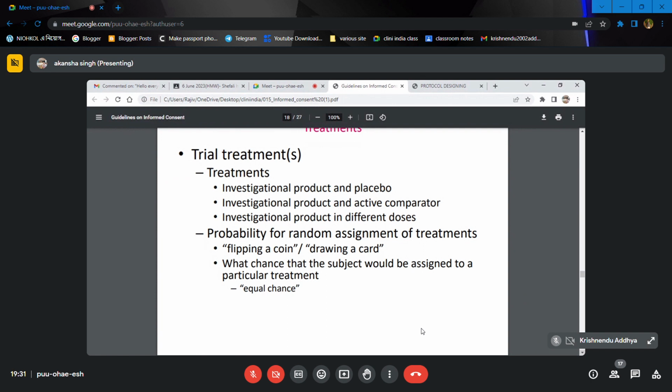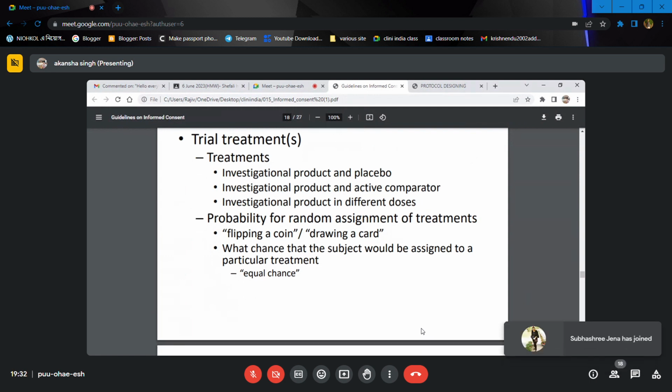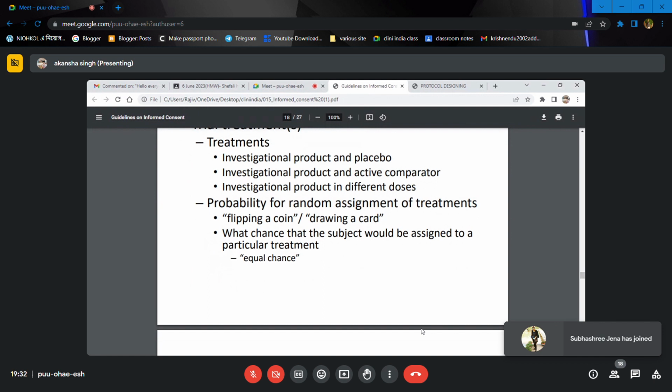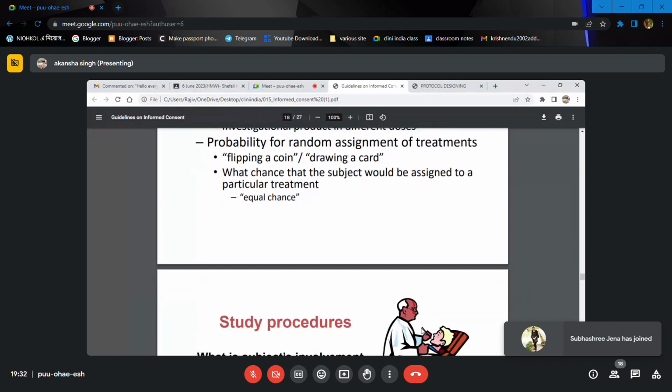This way you can randomly assign a subject into different treatment groups. This will reduce the chance of bias, and it will give an equal chance to every participant to be allocated into a different treatment group. So this way we do the randomization, and we explain everything to the subject.